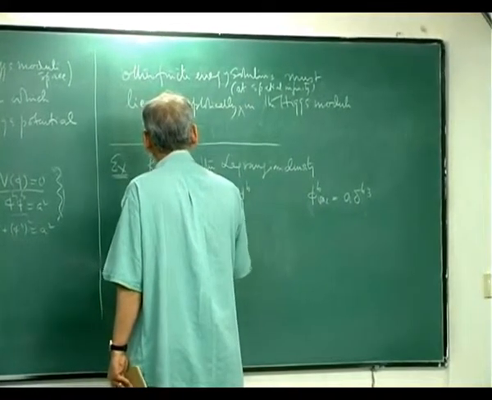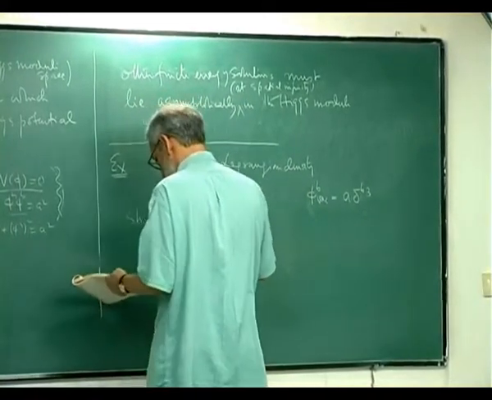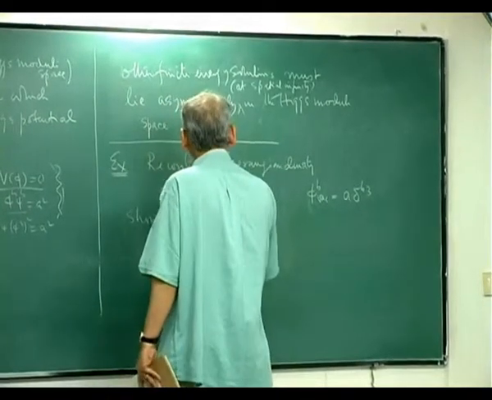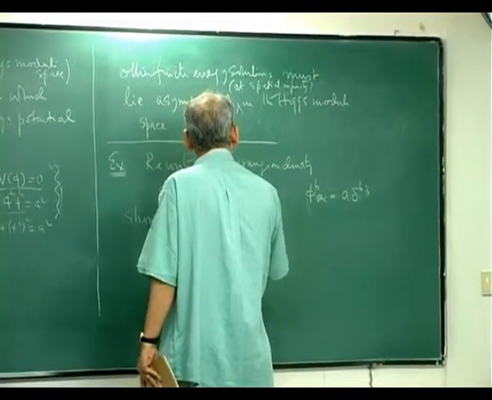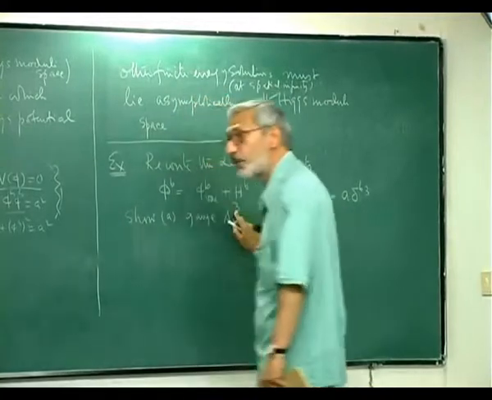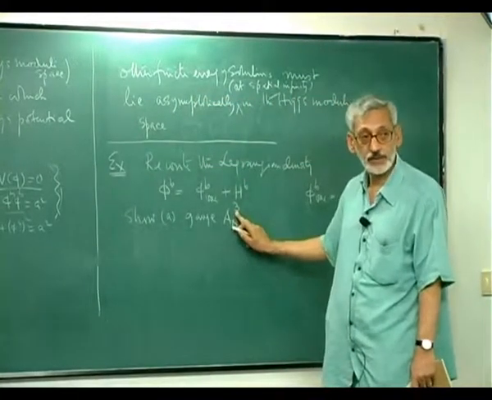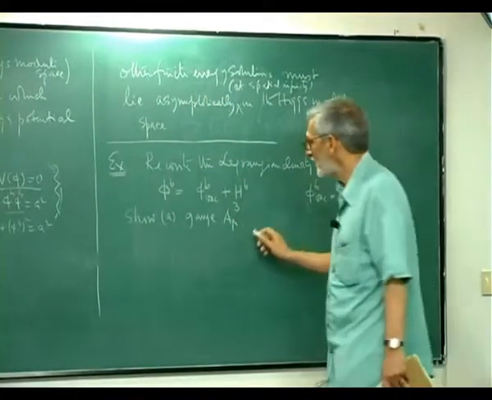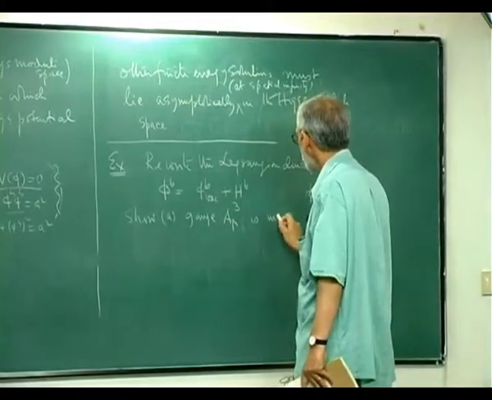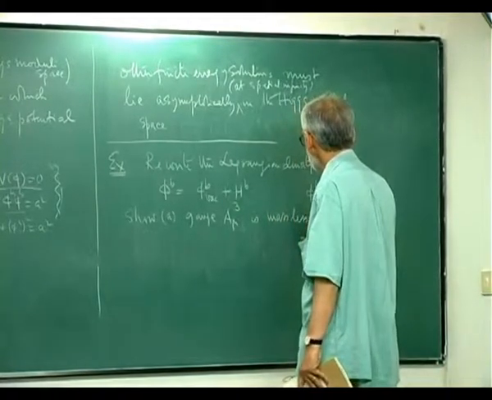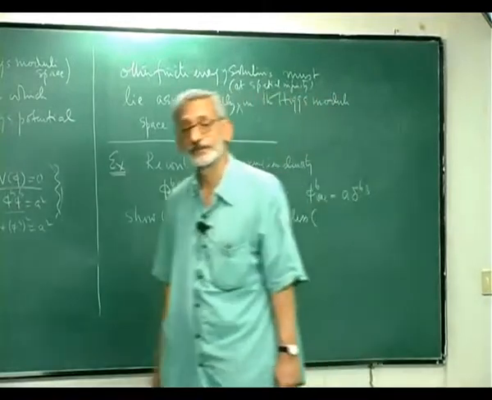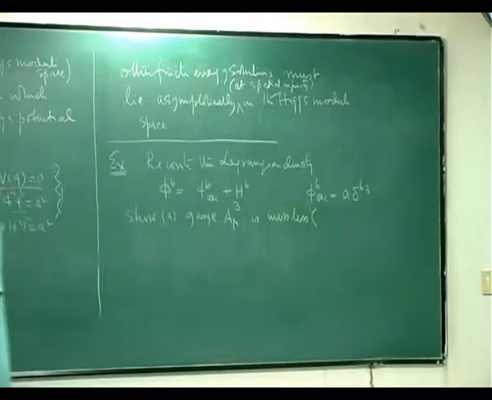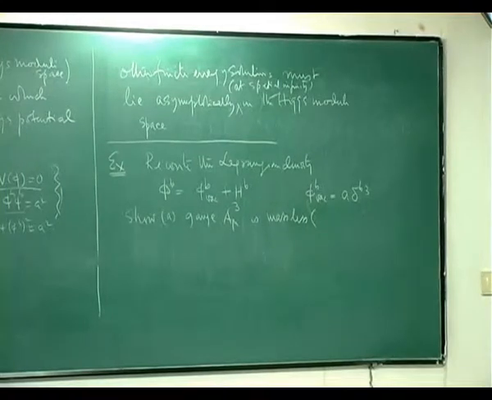And if you do that, show one, that the gauge field A mu, the component 3 in the internal space, in the SU2 space, is massless. To start with, there were no mass terms in the Lagrangian for gauge fields that you had, right?